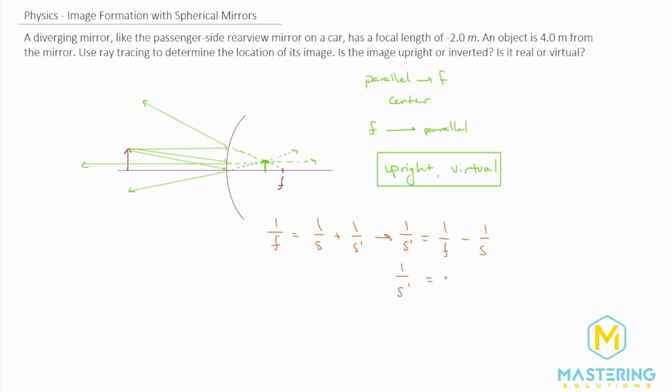So 1 over the image distance is 1 over the focal length. And by convention, for a diverging or a convex mirror, it's always going to be negative. So negative 2 meters. And we're going to minus 1 over the object distance, which in this case is positive by convention. And so that's going to be 4 meters.